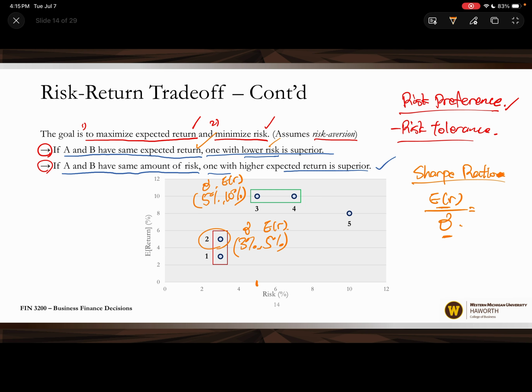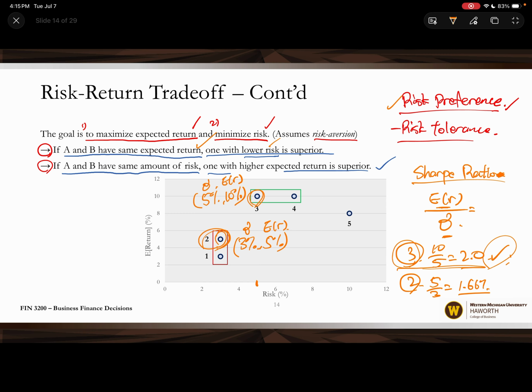So if we use this measure, investment 3 has a Sharpe ratio of 2, whereas investment 2 has a Sharpe ratio of, this is less than 2. What is this? 1.667. Yeah. So if we go with the Sharpe ratio, one could say 3 is actually better, but it's a little bit more tricky. So we'll say when it comes to 2 and 3, it depends on your risk preference.